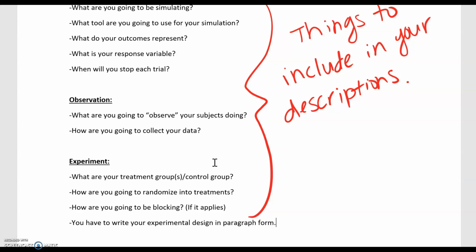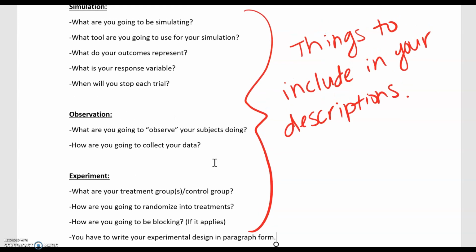On the AP exam, if you draw a diagram and you don't write a paragraph, you will get an I for that section of the exam. You need to write in paragraph form in order to get credit for your experimental design. Keep that in mind. Again, these are things to include in your descriptions depending on whether it's a simulation, an observation, or an experiment.